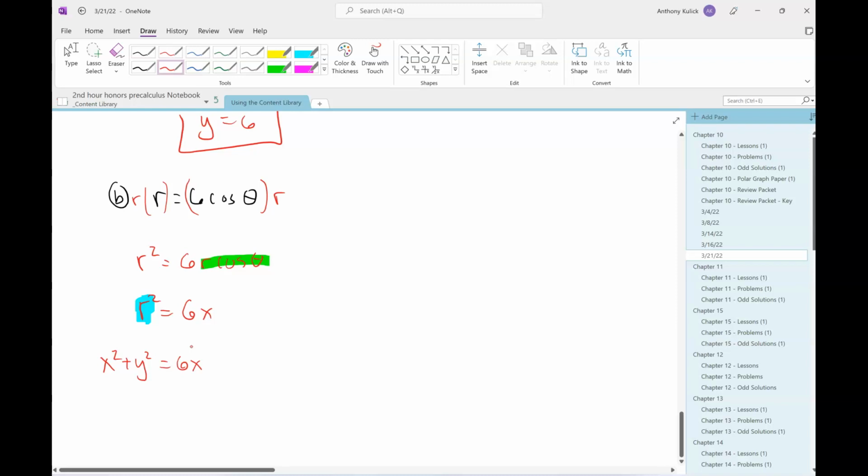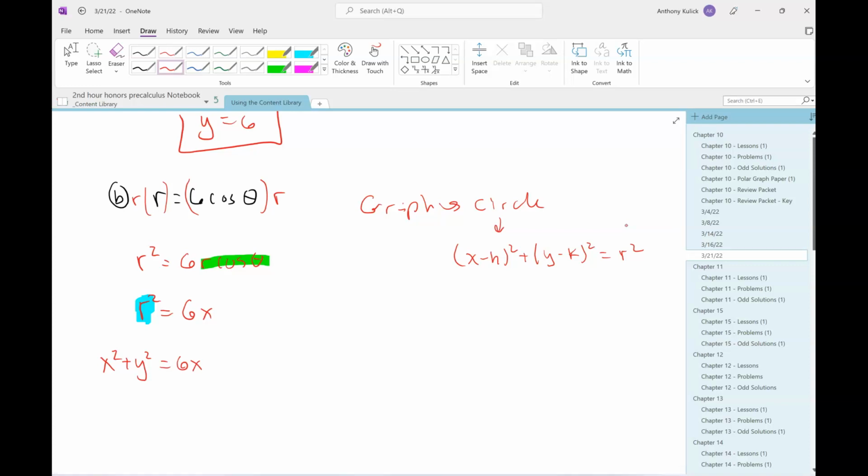Okay, so what should I do now, though? This is kind of a mess. Who remembers, when we looked at this, the graph was a circle, right? You guys remember the equation for a circle? That's our equation for a circle: x minus h squared plus y minus k squared equals r squared.